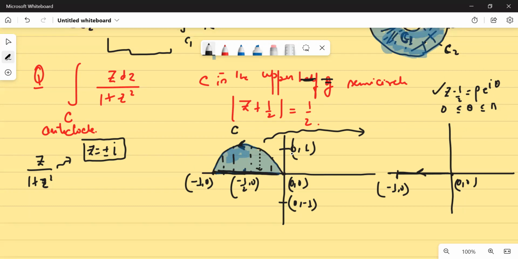And I have to integrate parametrically. Now, the freedom that I've got from the principle of deformation of contours is that I will simply integrate over this line instead of integrating over this, because in principle I can deform my contour C to this particular line since there is no singularity. So I am not encountering any singularity.